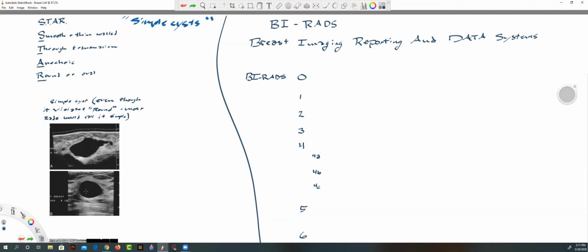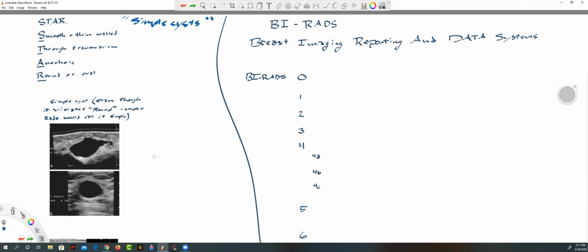These are definitely anechoic. There is nothing in there, no septations, no mural wall projections, nothing floating around. And this one's round, but like I said, this is the same cyst. So simple cyst, even though it violates the round, most radiologists would probably call this simple.